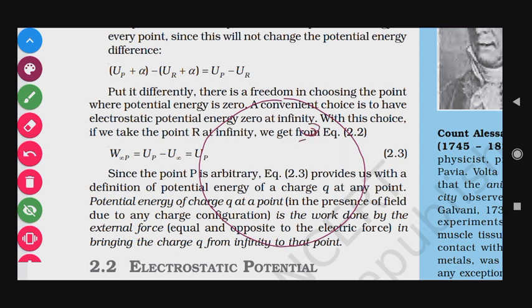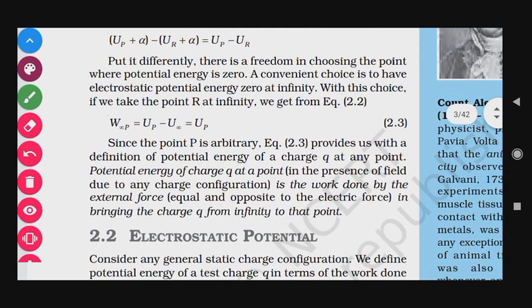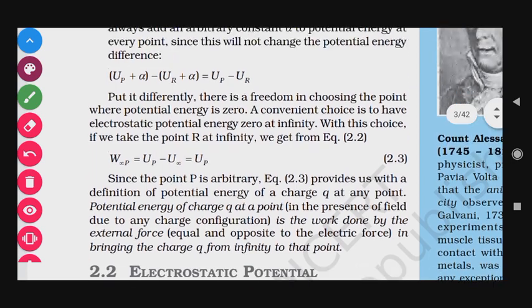The potential energy of a charge kept at the point P is the work done in bringing the charge from infinity to that point. This is the convention we have followed. It is not necessary that we choose infinity here, but we follow this convention, so we choose infinity as zero potential. This is the definition of electric potential energy of a charge at any point in the electric field.